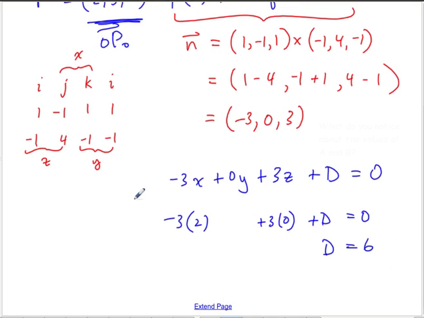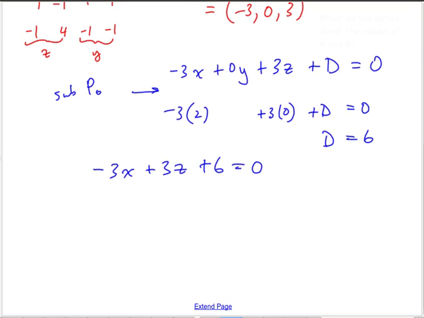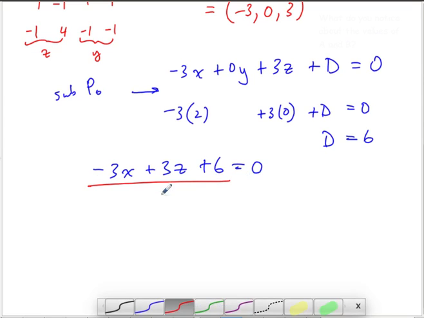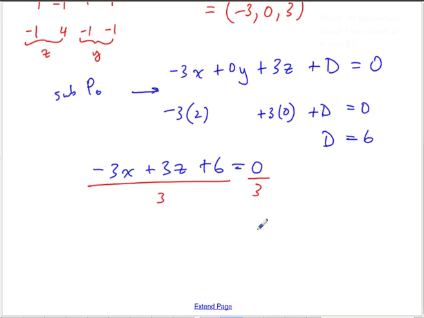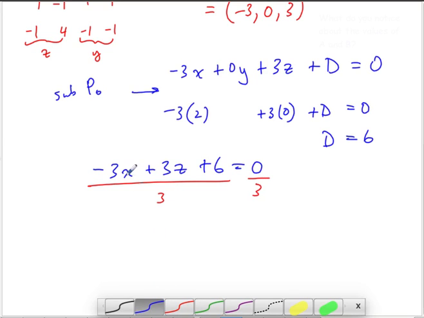So here at this step, I subbed in p0. And so now I can write my equation: negative 3x plus 3z plus 6 is equal to 0. But I'm not actually done in this case, because I can divide everything, not by 2, I can divide everything by 3. 3 is a common factor, so there's no point in keeping that.